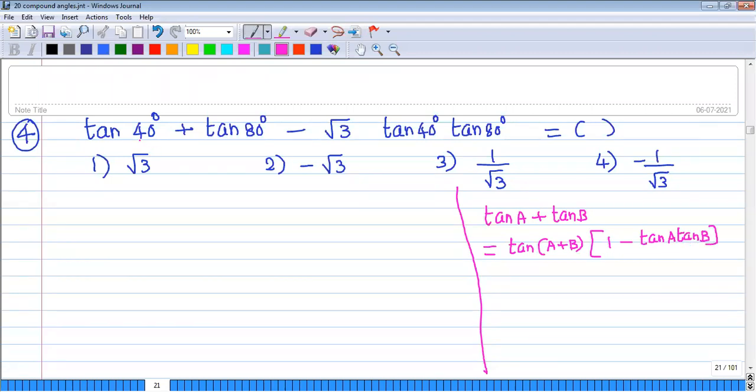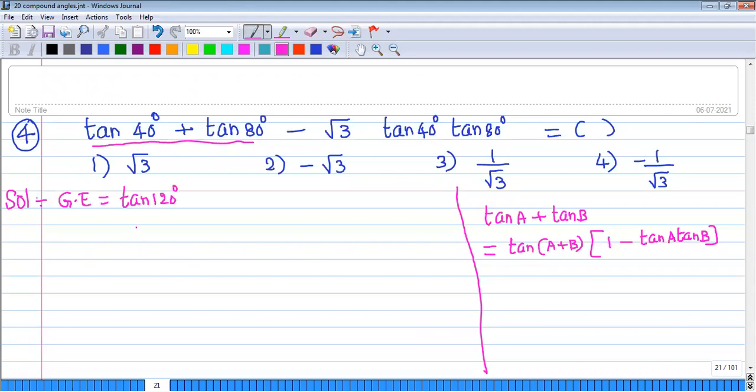Here A means 40. You take only these two terms. Keep minus root 3 tan 40 tan 80 as it is. I am going to write the solution. The given expression is equal to, instead of tan 40 plus tan 80, I apply this shortcut formula. Tan of A plus B means tan 120. Am I correct?